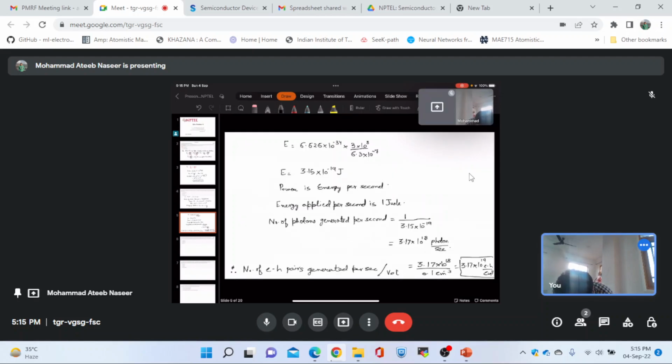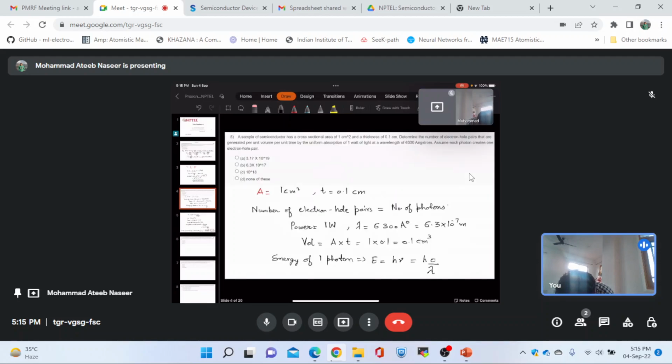So let us check the options, and it clearly is matching with option A. So we will select option A, and this is the correct option.